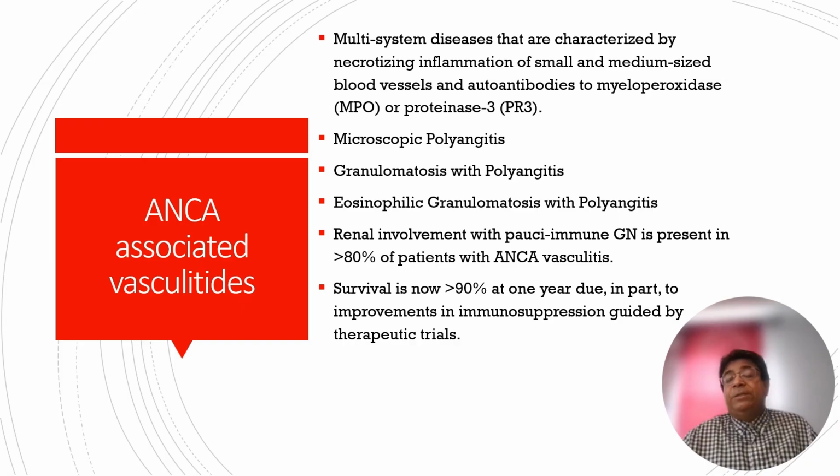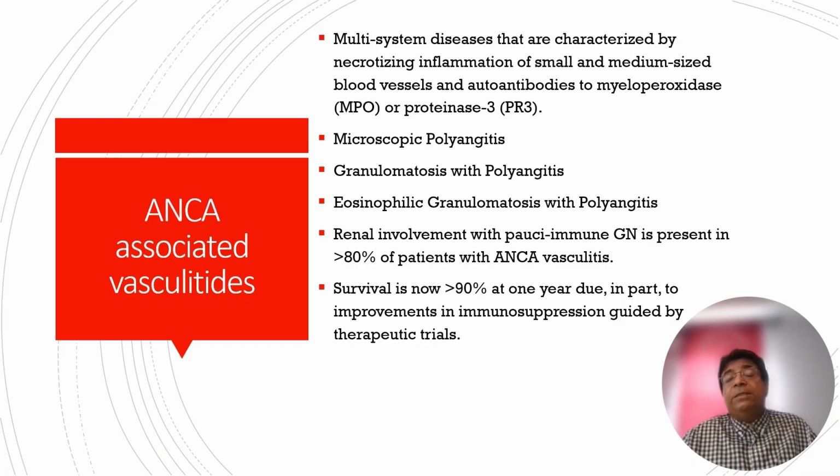So the disease processes that result are termed microscopic polyangiitis, which is generally caused by anti-MPO antibodies, or granulomatosis with polyangiitis, which is generally caused by anti-PR3 antibodies. You can also have eosinophilic granulomatosis with polyangiitis, or EGPA, and this is in patients with asthma and eosinophilia who also have ANCA antibodies.